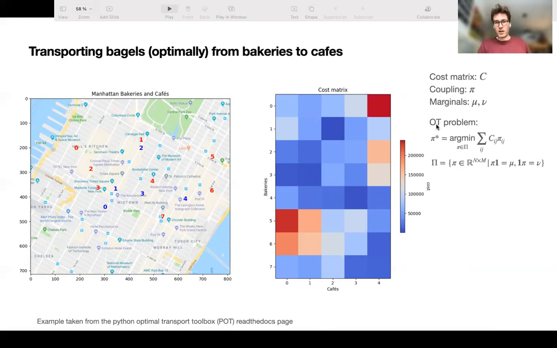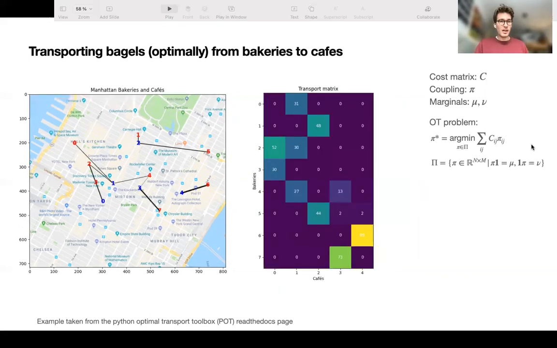We can formalize this in an optimal transport problem, which just says we want to get the minimum over all the entries in our coupling, so how many bagels go from here to there, multiplied by the associated cost. We sum over all the different entries in the coupling, and we want to minimize that, subject to these constraints that basically ensure that all bakeries get rid of all the bagels and all cafes get all the bagels they need. That's just what these constraints say.